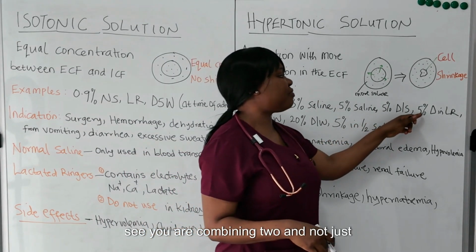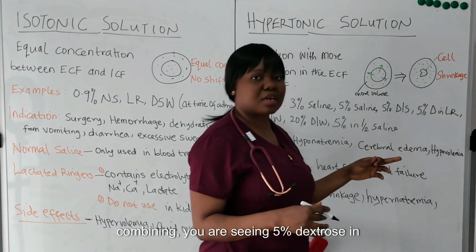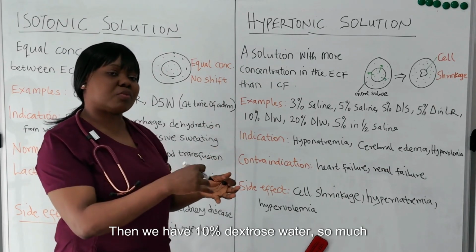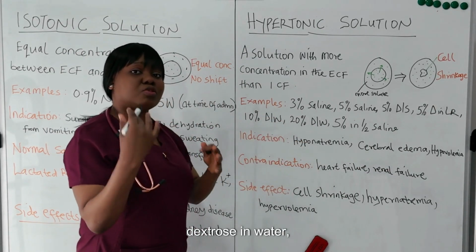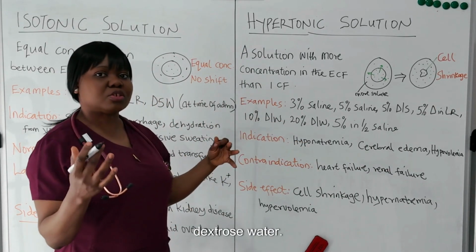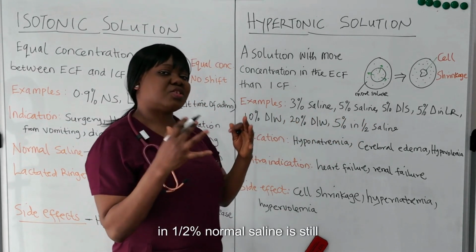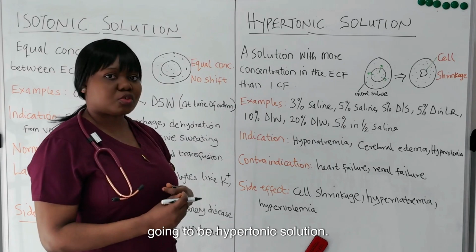Then we have 10% dextrose water, so much dextrose in water, and 20% dextrose water. These are all hypertonic solutions. 5% dextrose in 0.5% normal saline is still going to be a hypertonic solution.